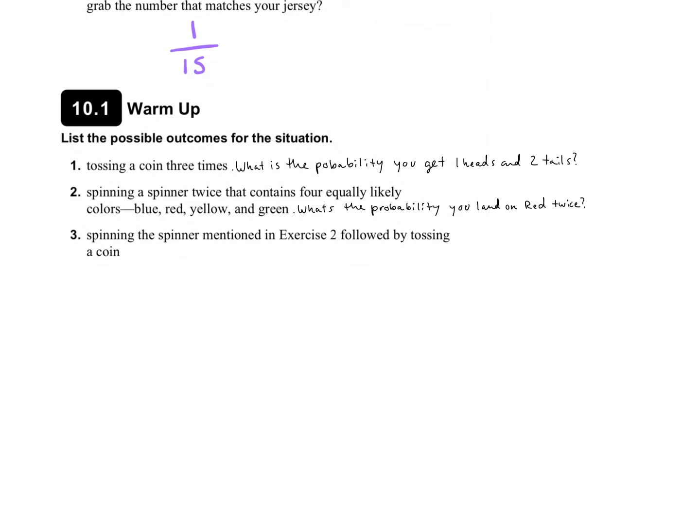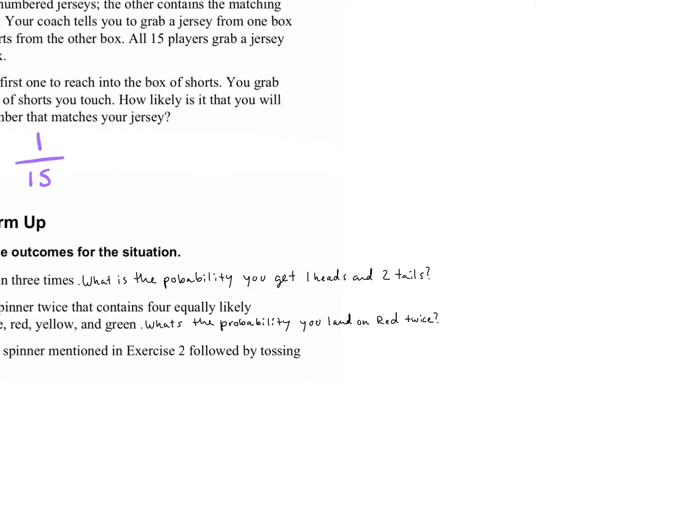Number 1 in the next section, tossing a coin 3 times. What's the probability you get 1 heads and 2 tails? So we have, in our first toss, 2 possible options, heads or tails. Second toss, we have 2 possible options, heads or tails. Let's say we flipped heads the first time. Second toss, we could either have heads or tails. So that's 2 tosses there.